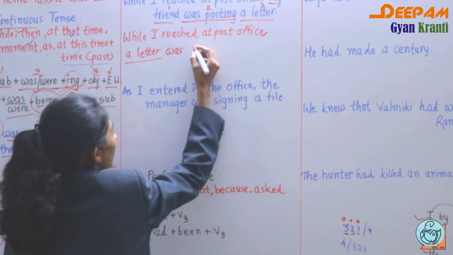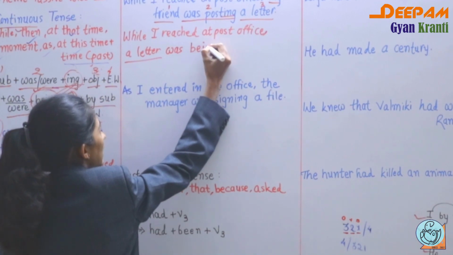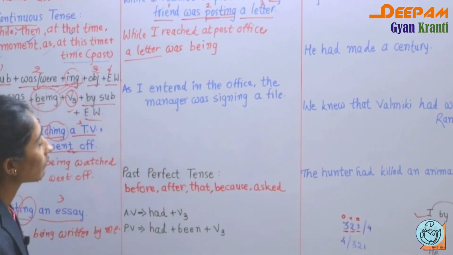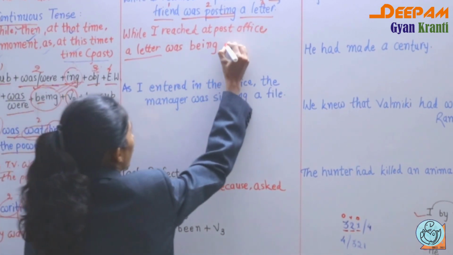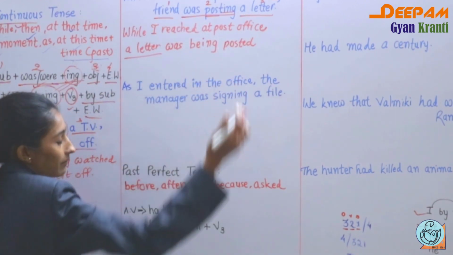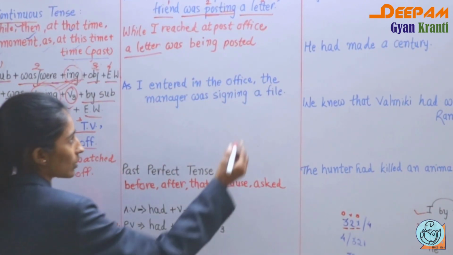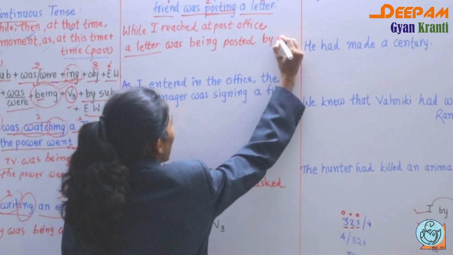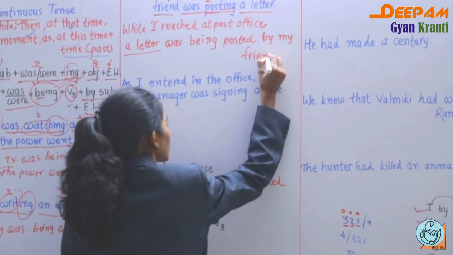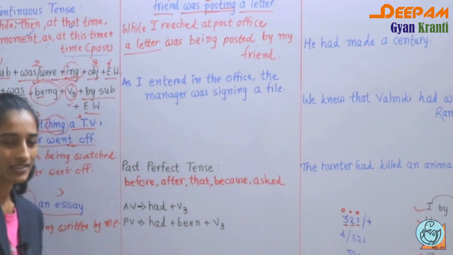Now ing is given, so I have to add being, right? Then post. So what is the V3 form? Posted. So was being posted by my friend. My friend is the subject, so by my friend. So this is the answer.